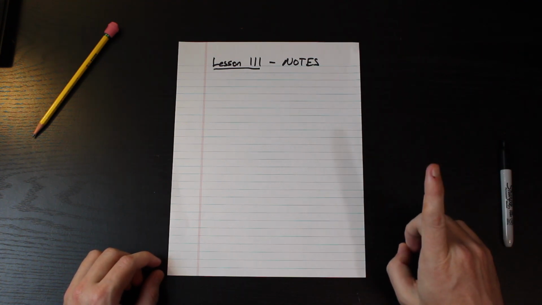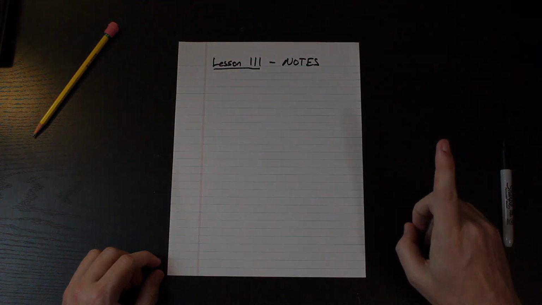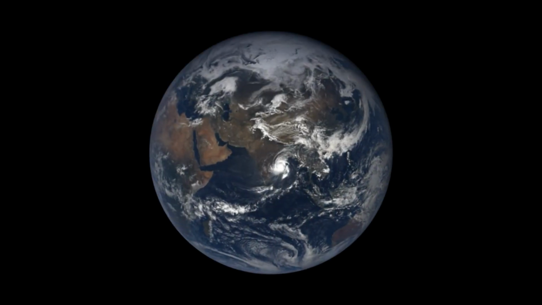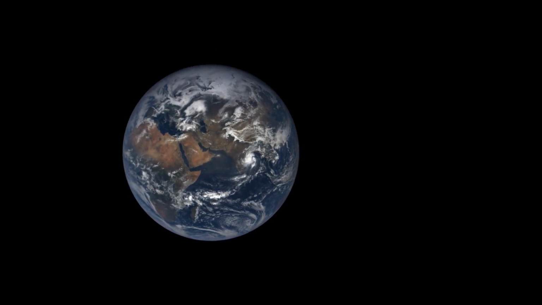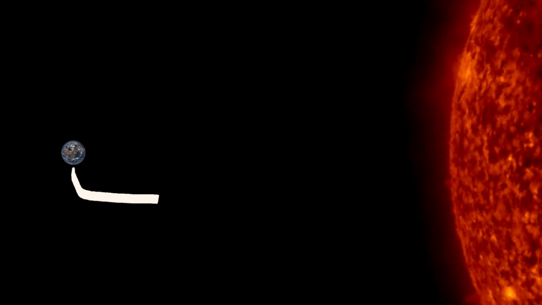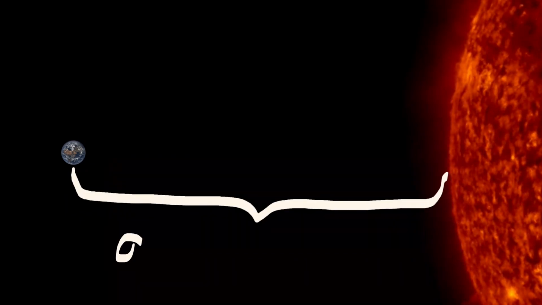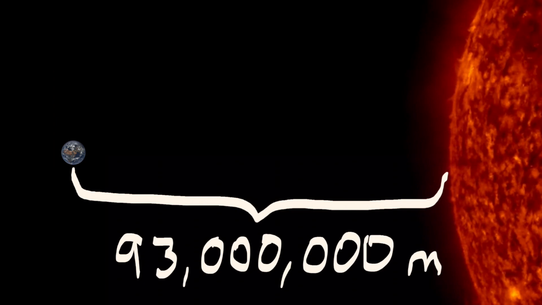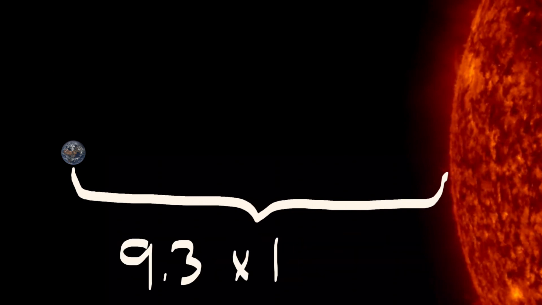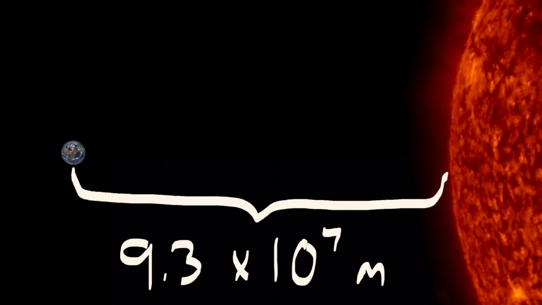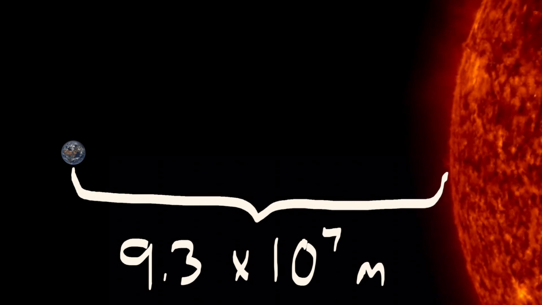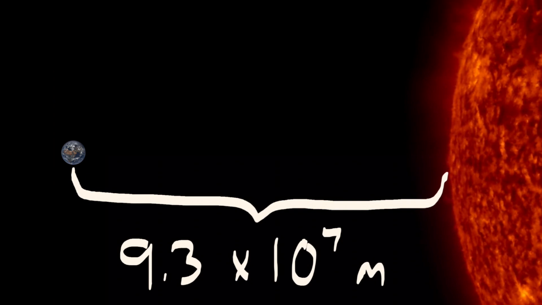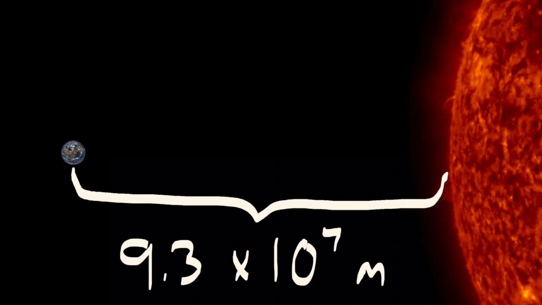Let's look at a situation where this might prove useful. Let's consider some really big distances, like, say, the distance between the Earth and the Sun. This distance here is about 93 million miles, or 9.3 times 10 to the 7th miles in scientific notation. This number is so large that scientists invented another unit to describe it.